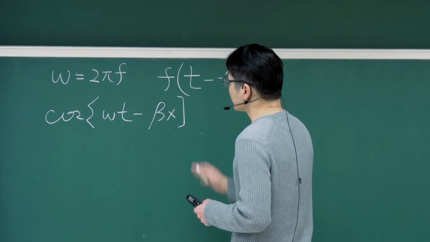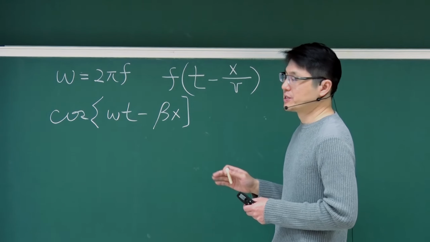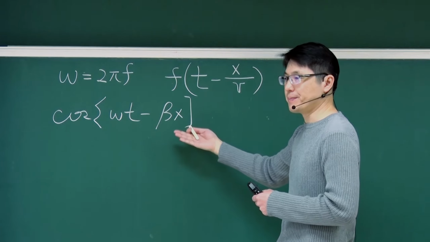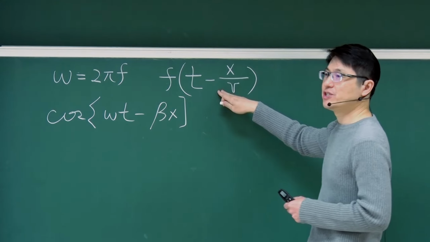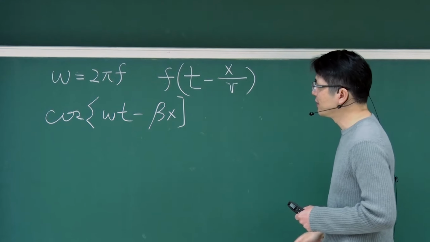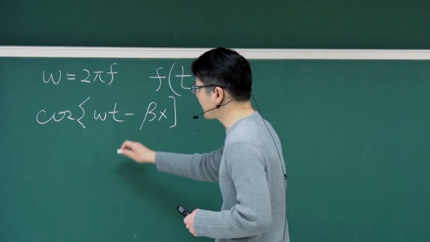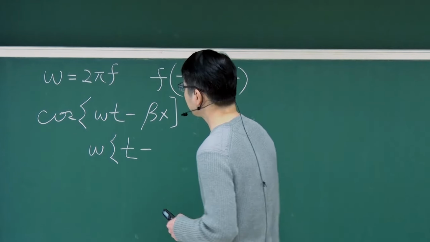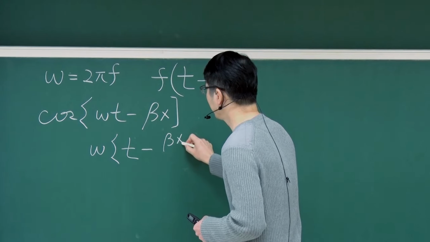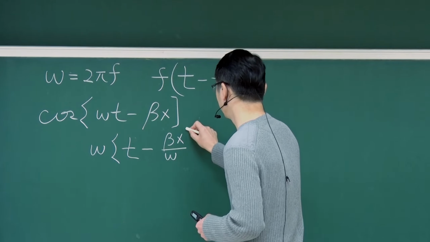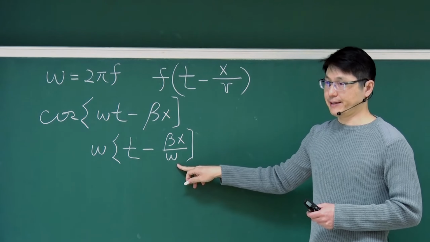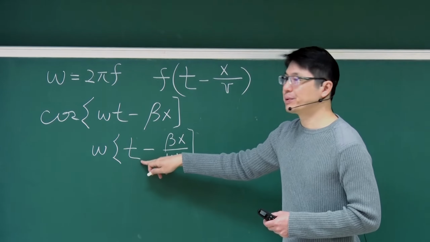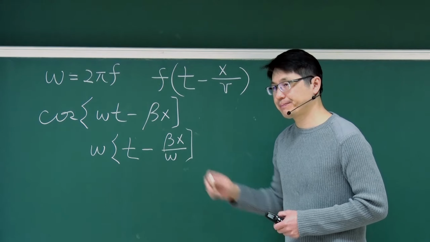Right? So let's try to do some trick. So the solution form in the sinusoidal form conforms or agrees to my general solution form. All I have to do is take out omega. Since I'm taking out omega, I need to divide it again, right? So this thing in the bracket can be rewritten in this form.